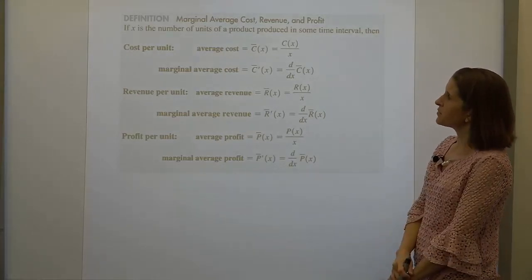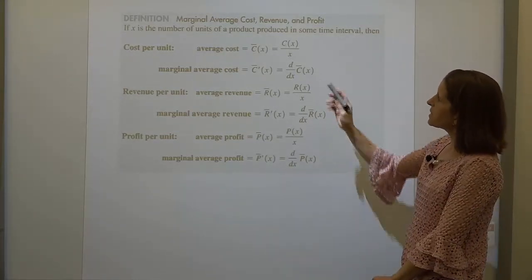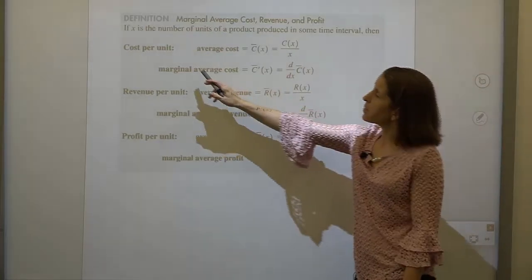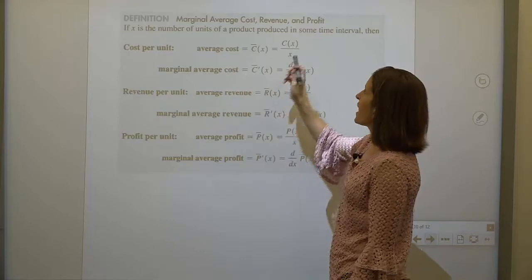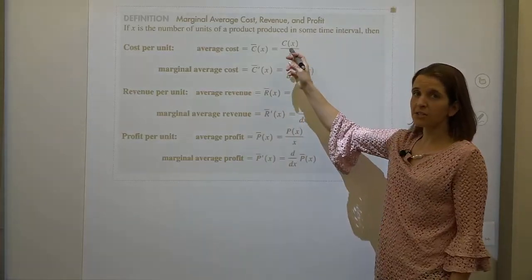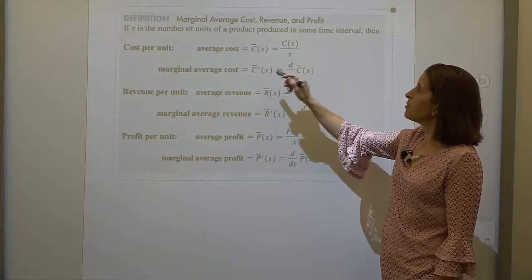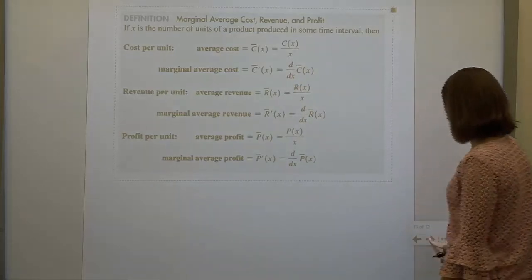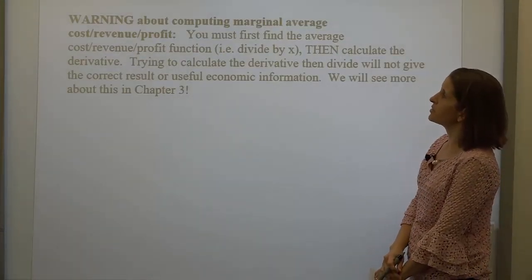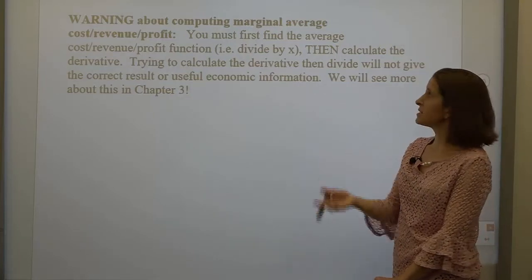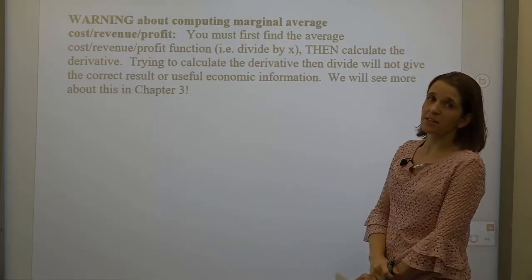We need to be careful, though, because when we're doing marginal average cost, we need to find average cost first and simplify it before we take the derivative. So I have that warning here. You must first find the average cost or revenue by dividing by x and simplifying it, then calculate the derivative.